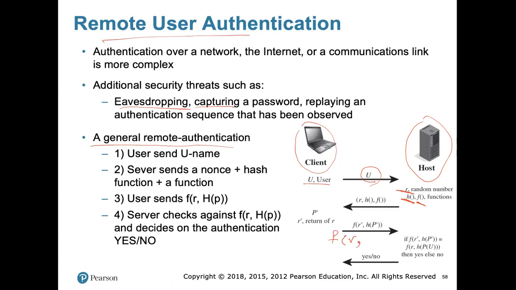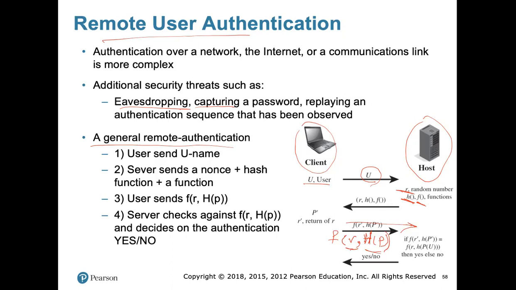It uses the hash of his password, so let's say h of p, or capital H of p, doesn't matter. So it calculates that function, which takes R as one parameter and the hash of the user's password as a second parameter, and sends it to the authentication server or to the host.